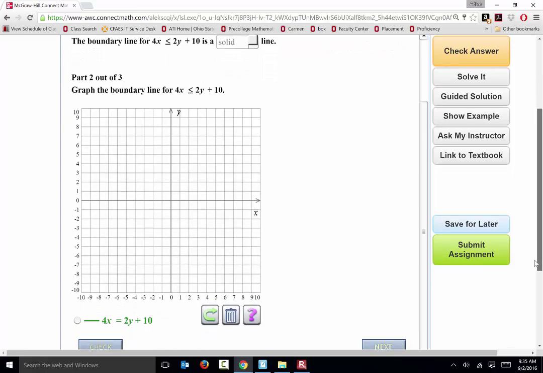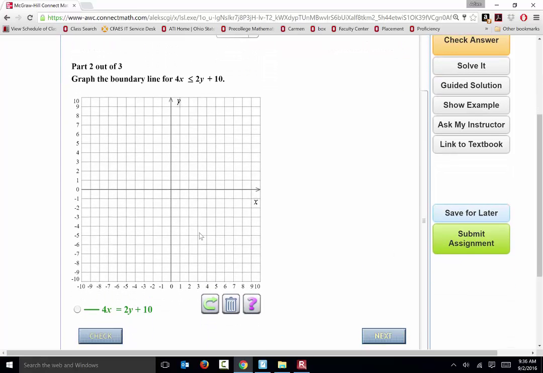Alright, has anyone obtained the line? Can you give me 2 coordinates and see if you guys are right? Give me 2 points. Anyone? 0, negative 5. 1, negative 3. Okay, these numbers can vary for you.